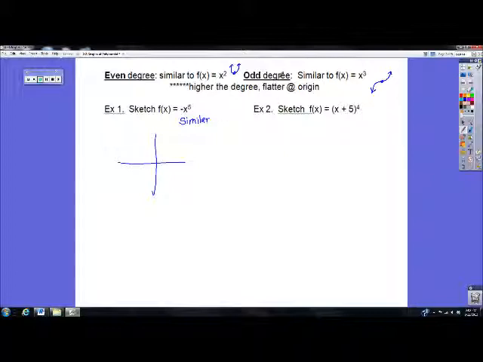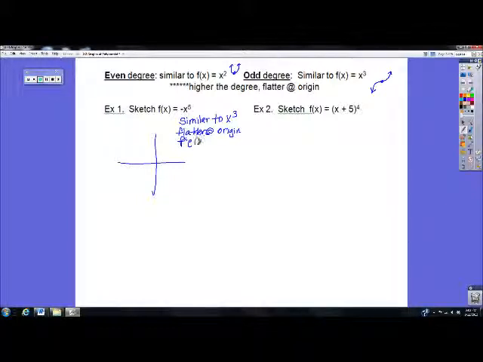Well, since it's an odd degree, it's going to be similar to our cubic, so it's going to be similar to x cubed. Since we have a negative in the front, it's going to be reflected. But since it's so similar to x cubed, it's going to be a little flatter at the origin because it's a higher degree, but it is reflected.